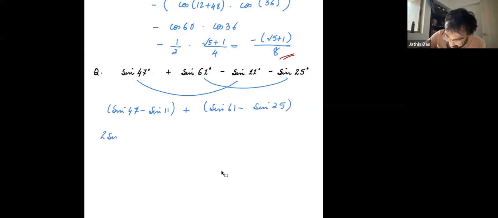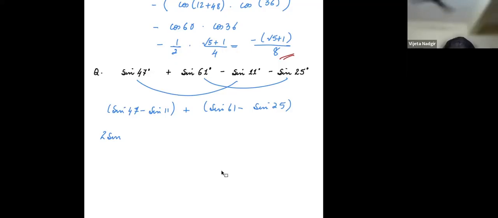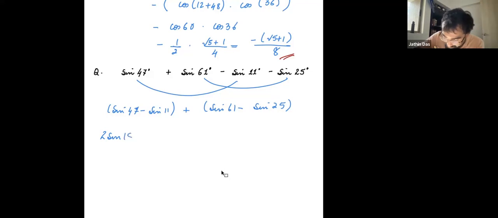So 2 sin, difference by 2. The difference is 36, so 36 by 2 is 18.